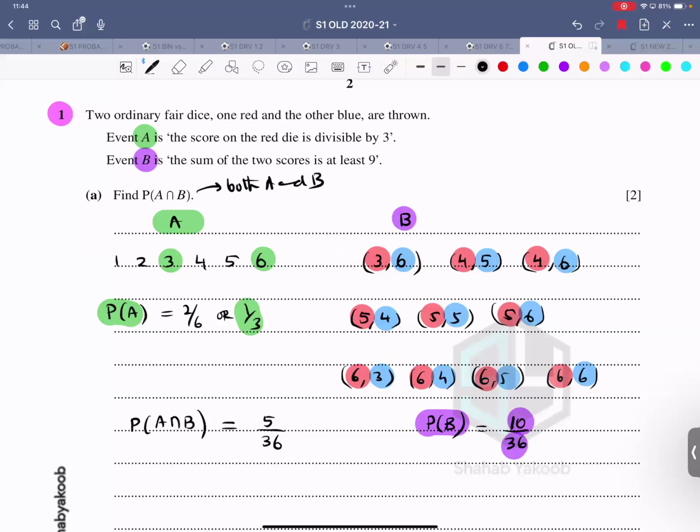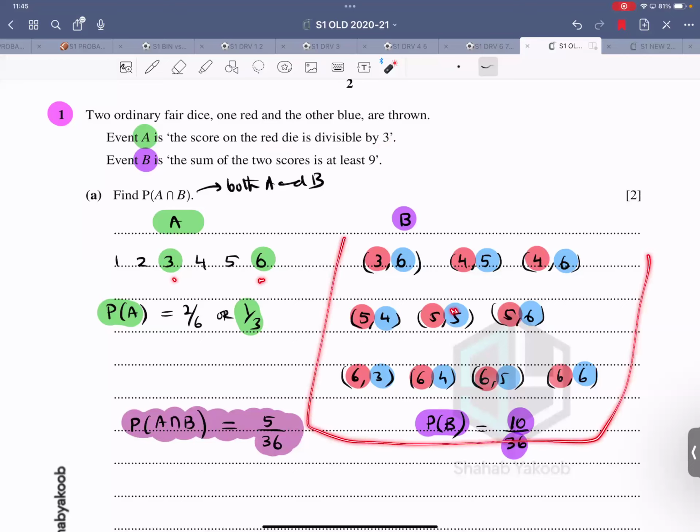Now, how many common ones are there? That is a good question. Now, the common ones, probability of A intersection B, let me just choose the color. Which one is that? That means not only is the red die divisible by 3. Now there are 2 choices: either you look over here or you look over here.